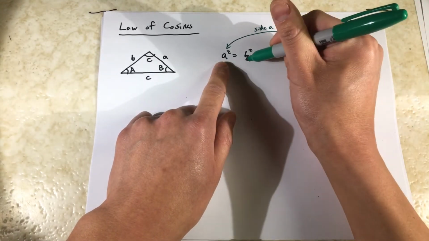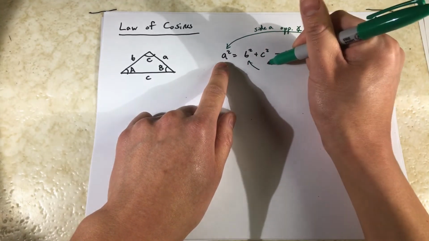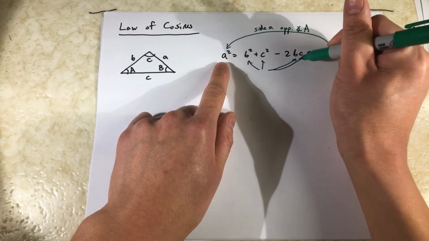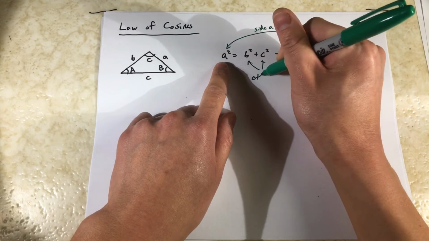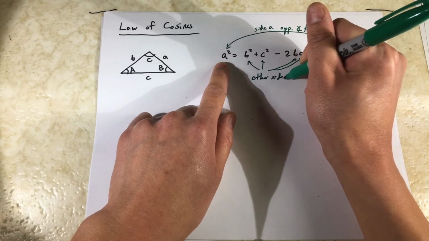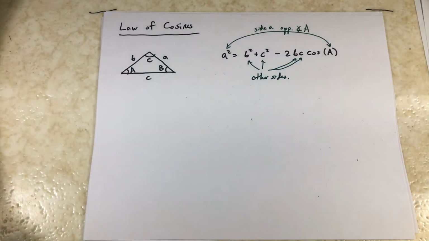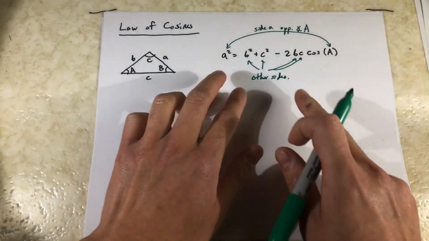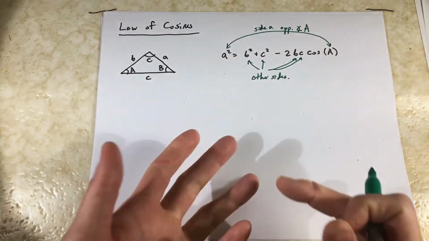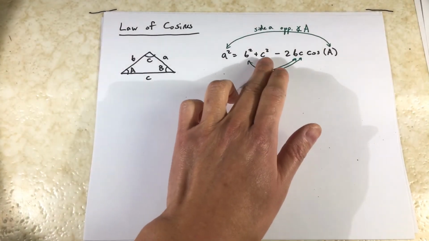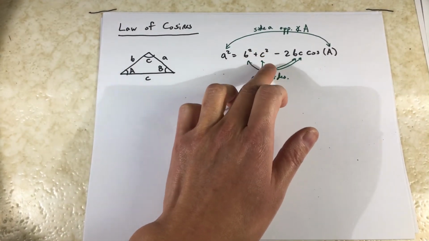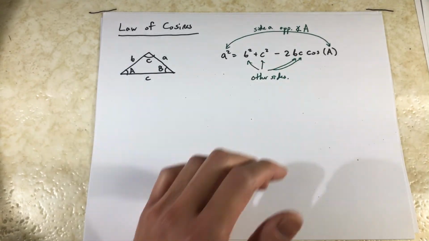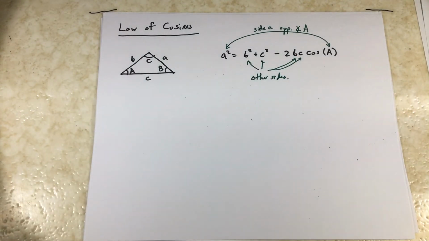And then this stuff in between, these are just the other sides. So these two, one end and the other end has to match up, but basically just fill in with the other sides. It doesn't matter if you do C squared first or B squared second, or if you do C and then B. They're multiplied here and they're added there, so the order doesn't really matter.